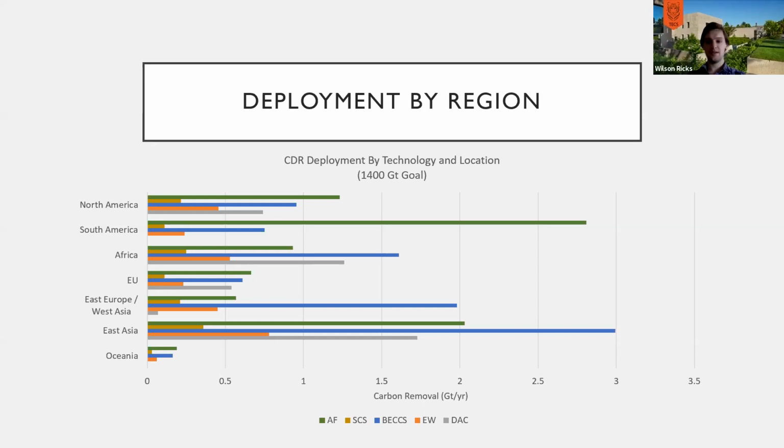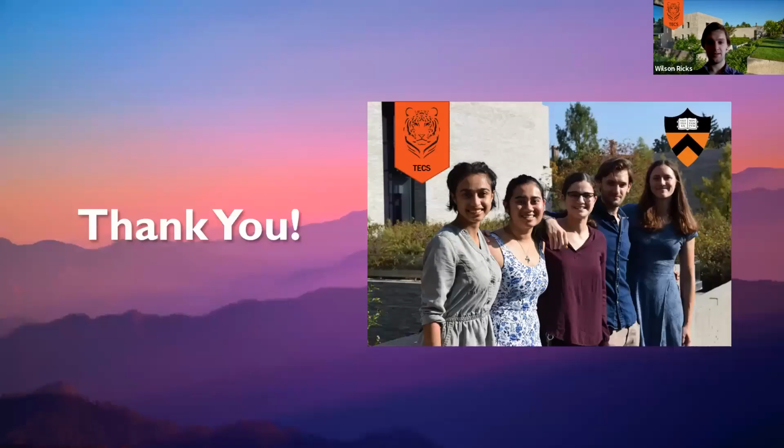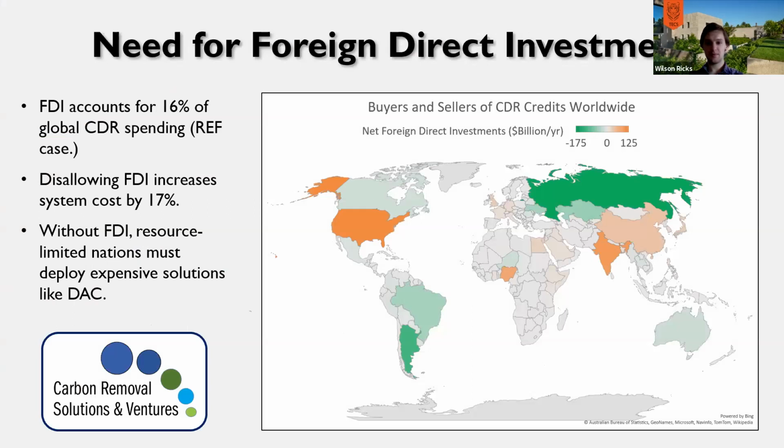I think the hurdle rates might end up being higher in real life than what we set them to. You can see in our optimal system that there's a lot of money flowing around the world. For example, the United States is spending $100 billion a year funding CDR in foreign countries, and countries like Russia are receiving a lot because they have a lot more farmland than their quota requires.